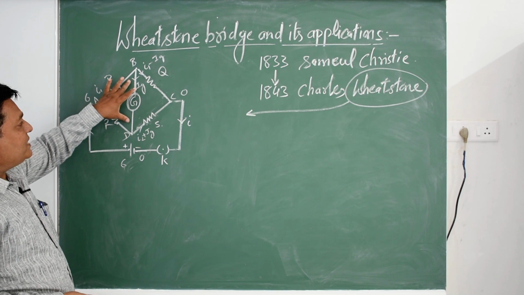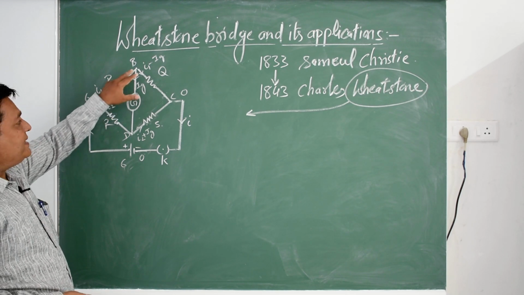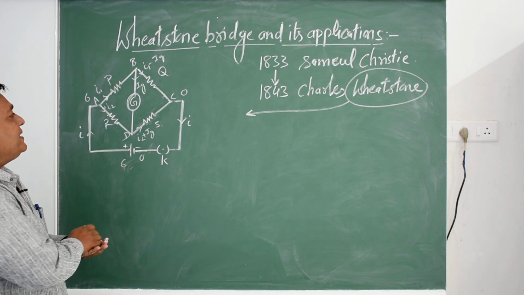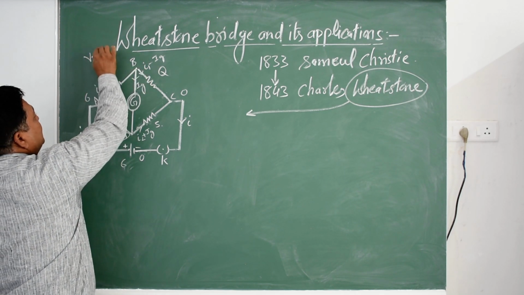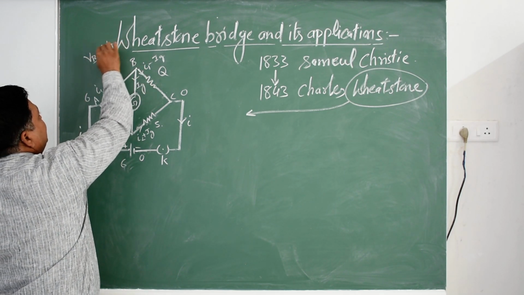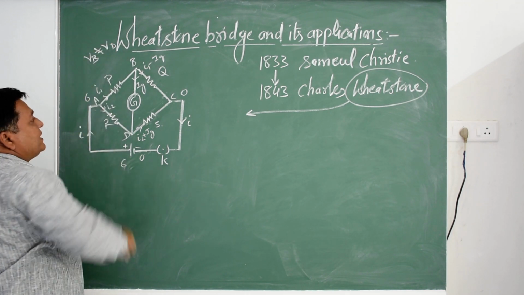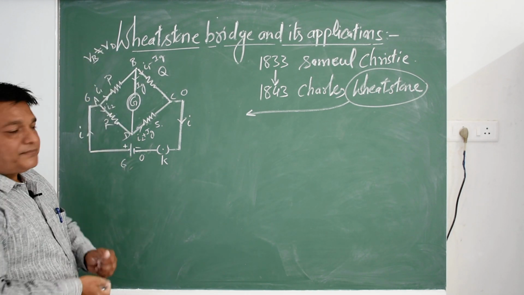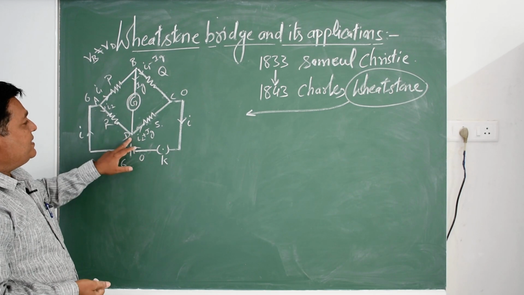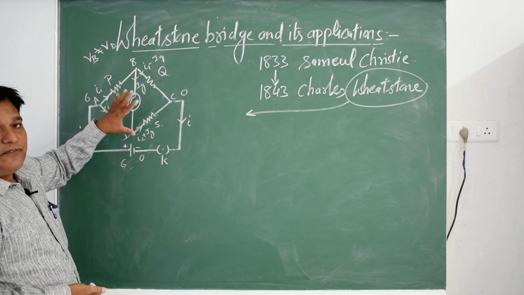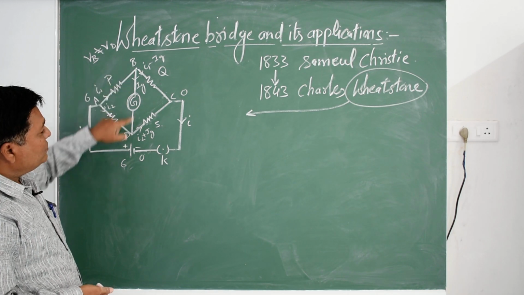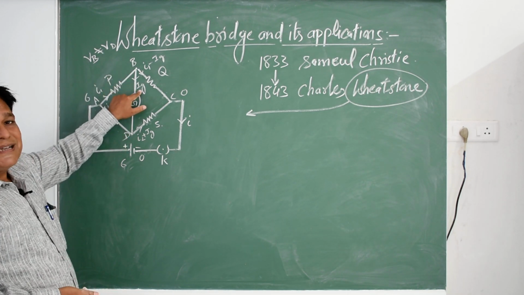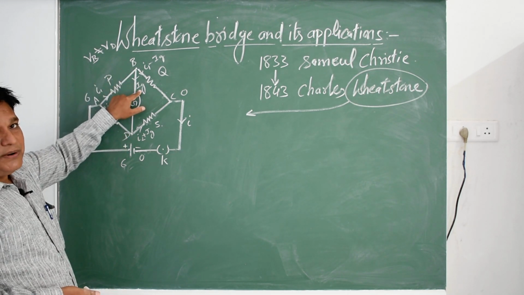If there is a potential difference created at terminals B and D, then the potential at B is VB and the potential at D is VD, and both potentials are unequal. If VB is greater than VD, then current will definitely flow from higher potential to lower potential, from B to D, and that current is called IG, the current of the galvanometer.